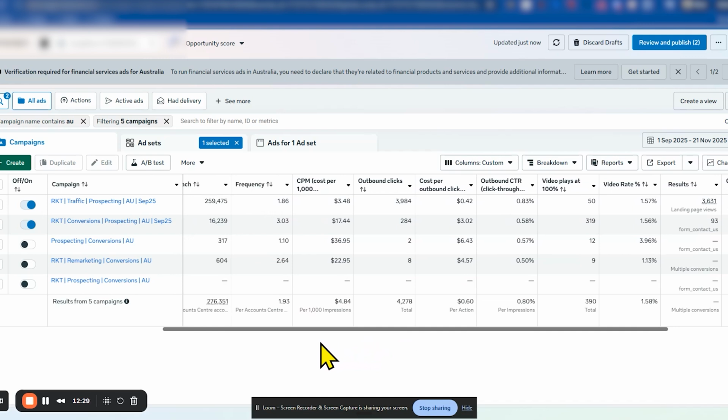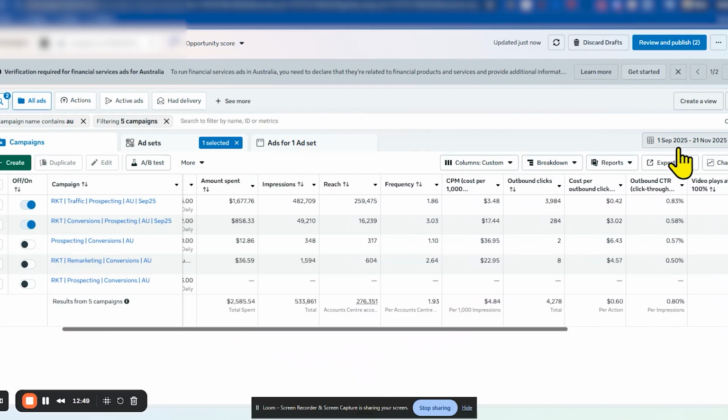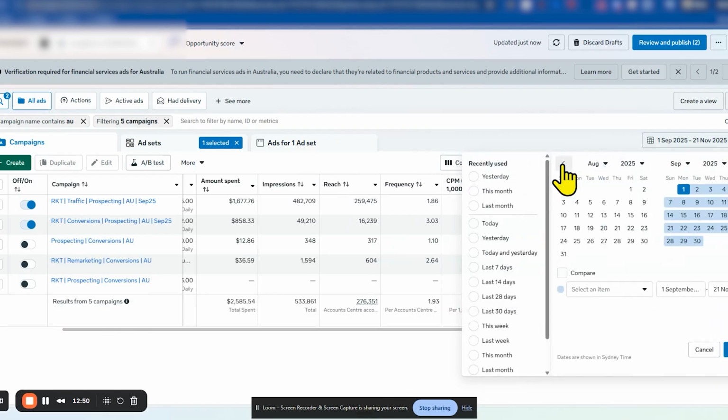CPM is sitting at $17, compared to around 20 and a bit dollars. So the fact that we're reaching people at a cheaper cost is why we're getting more clicks and our CPCs are cheaper. That's pretty much what's happening. Let me open the period up so we can compare, going from June all the way until November.